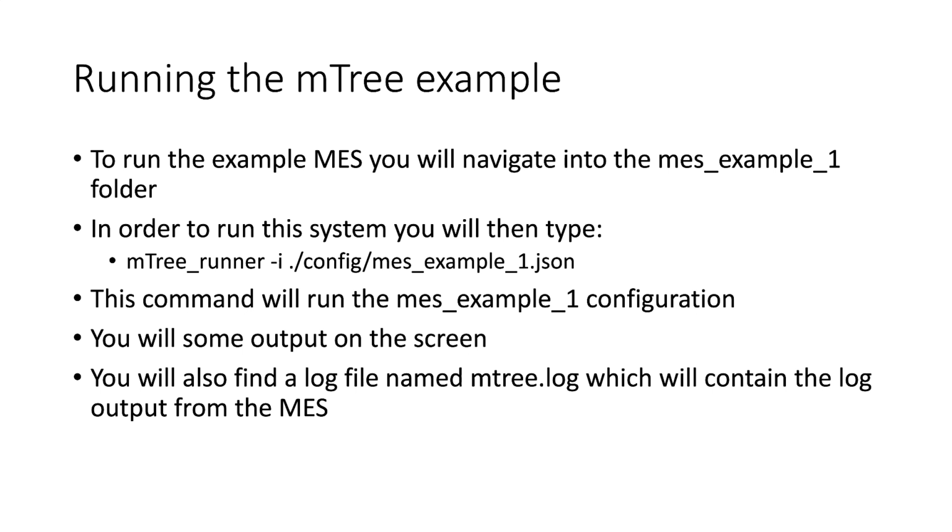It's important to note that the assumption with mTree runner is that you're running it from inside the mes_example_1 folder. So typically you will run mTree runner in a directory that has at least two subdirectories, mes and config. If you run the mTree runner, you will use the mes_example_1 configuration that's in the JSON file.